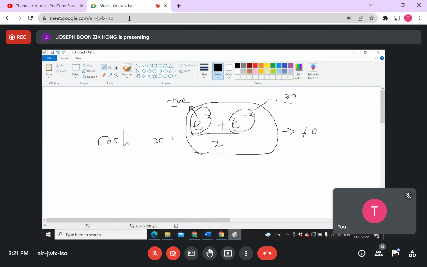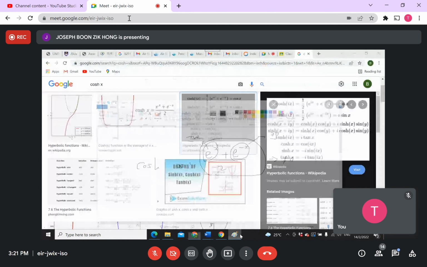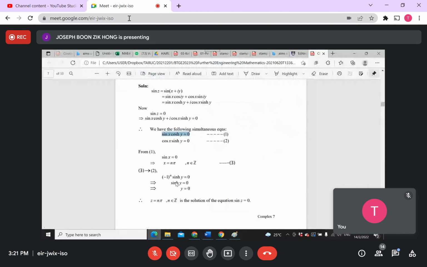So that's why we start with 1, not with 2. Because starting with 2, this one can be 0 and this one can be 0, so I have no idea where to start. So try to find something with cos hyperbolic, because cos hyperbolic cannot be 0. Sine hyperbolic can.